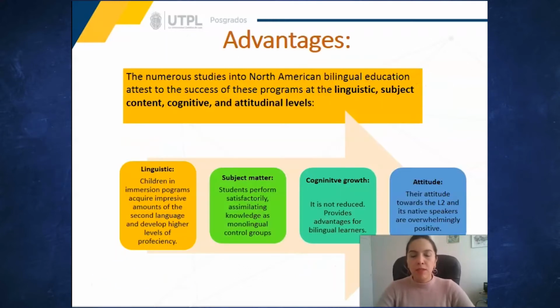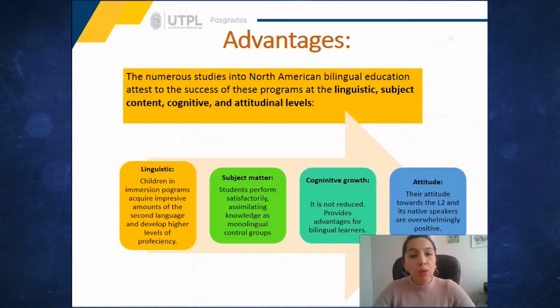Different studies into North American bilingual education indicate that the success of these programs is related to the linguistic, subject content, cognitive, and attitudinal levels. To begin with, we can say that children in immersion programs acquire impressive amounts of the second language.